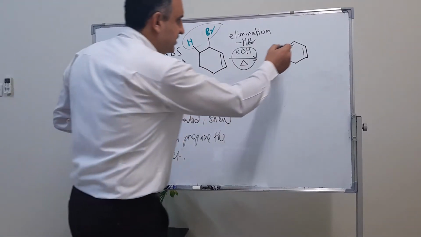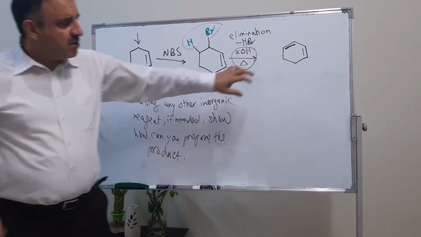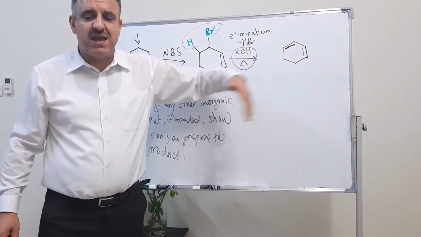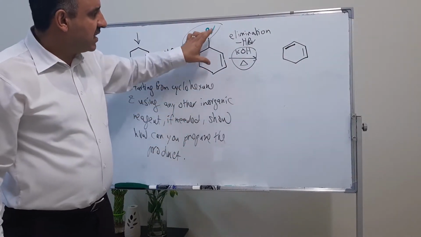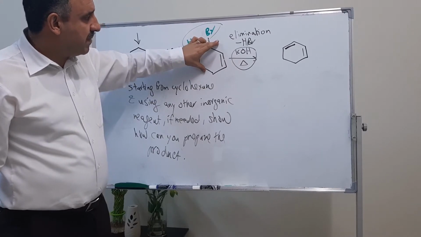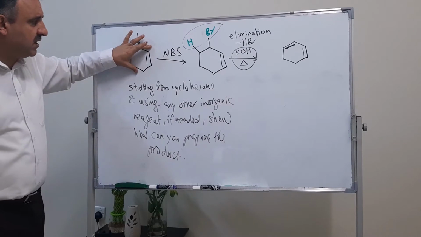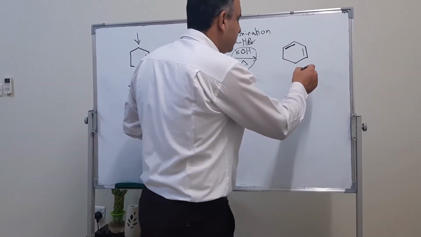Now, as you can see, this here is 1,3-cyclohexadiene. The only method to prepare cyclohexadiene or a 1,3-diene is by starting from allyl bromide. The allyl bromide, we can always prepare from the corresponding alkene. So in other words, you should think in a retrosynthetic way.